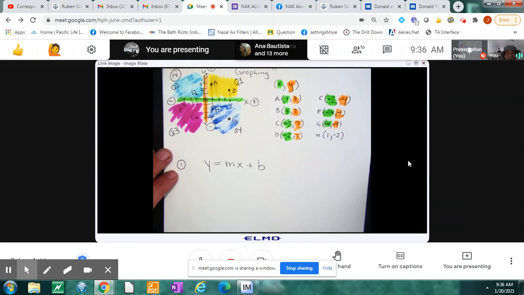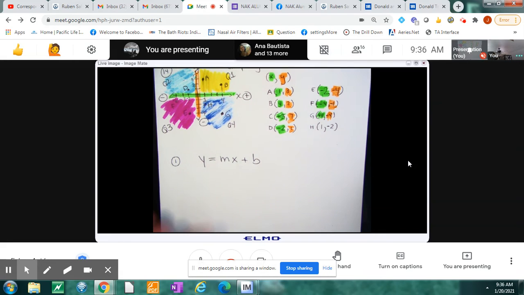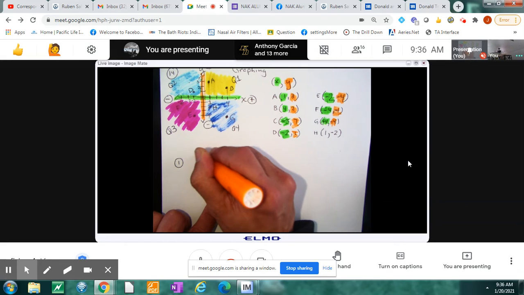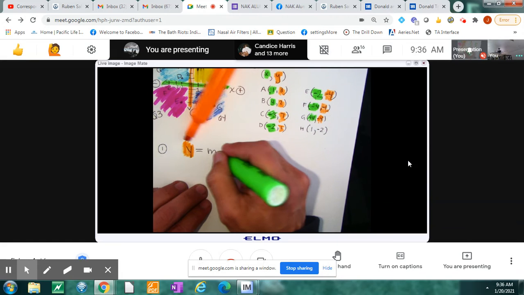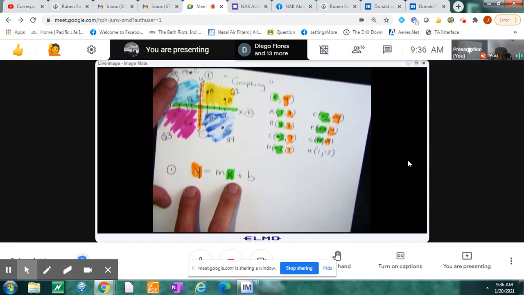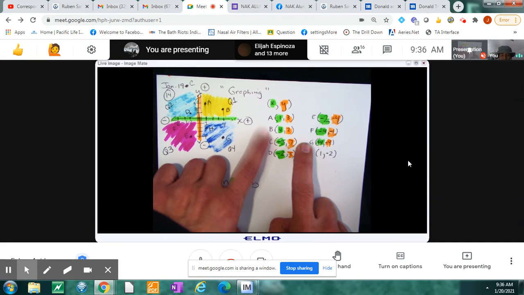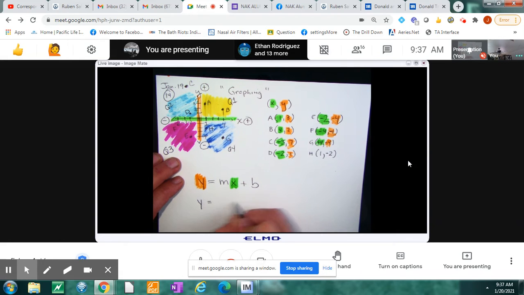y equals mx plus b, okay? So remember, the x and the y are basically your coordinates. So this x and your y are from right here, these coordinates. But we're not going to use those. So we're just going to put y and x.